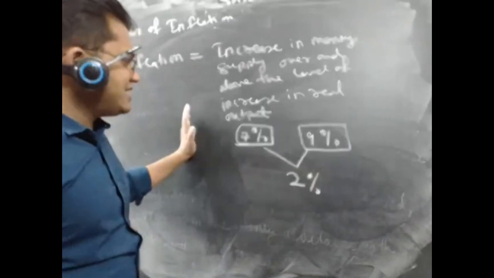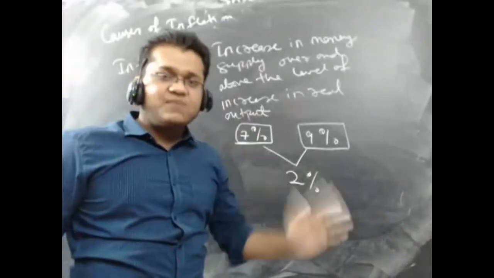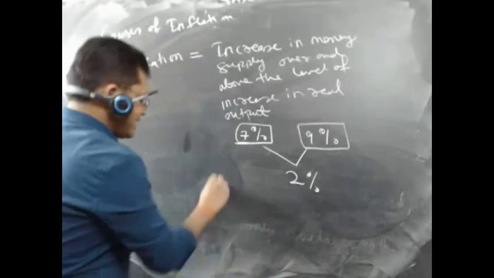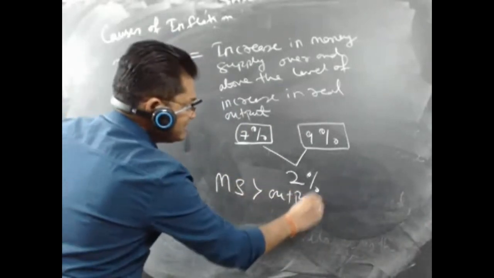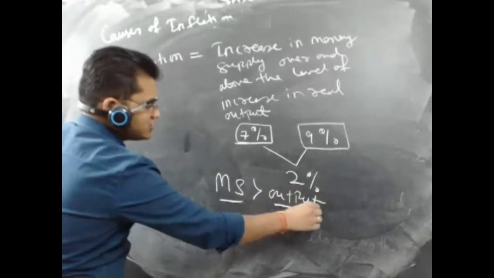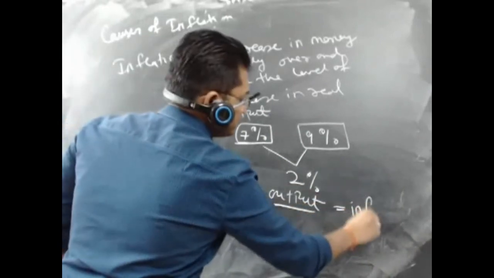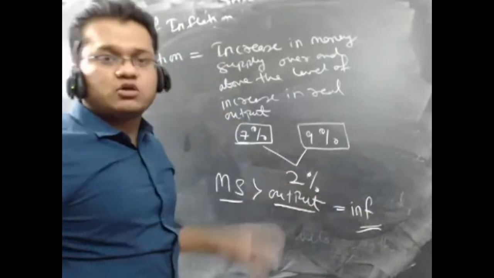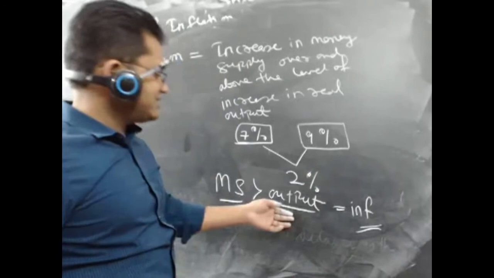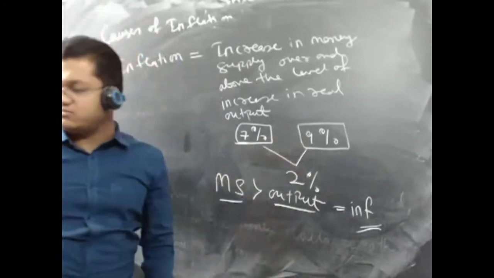If at any point money supply exceeds output growth, then this difference, money supply minus output, is equal to inflation. If money supply is less than output, it will cause deflation. If money supply is greater than output, it will cause inflation. Okay.